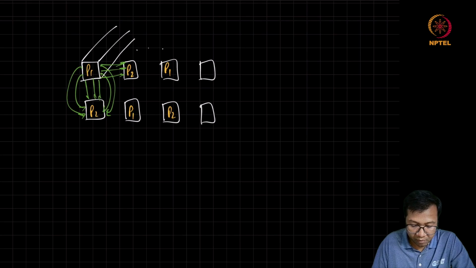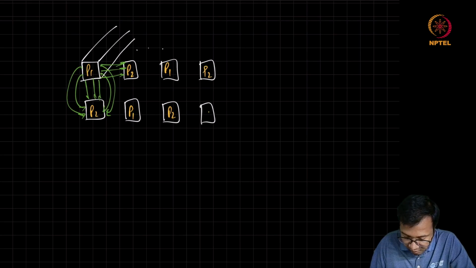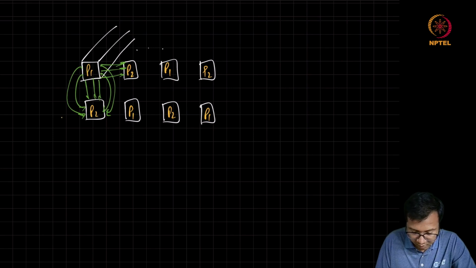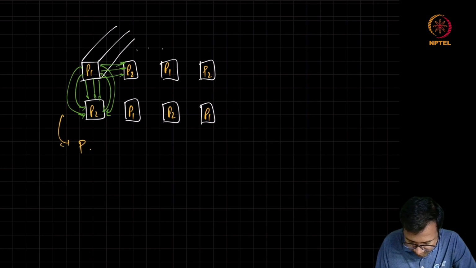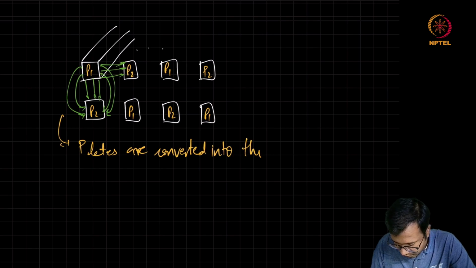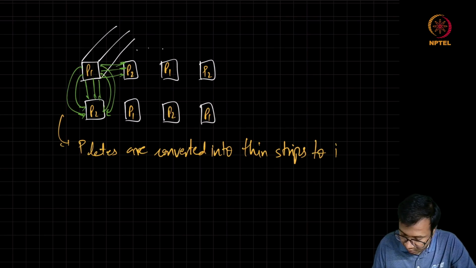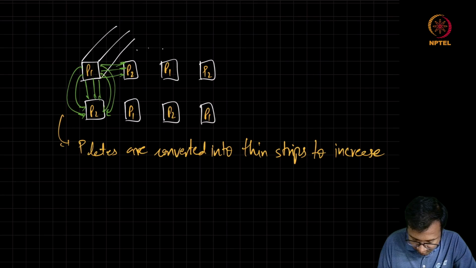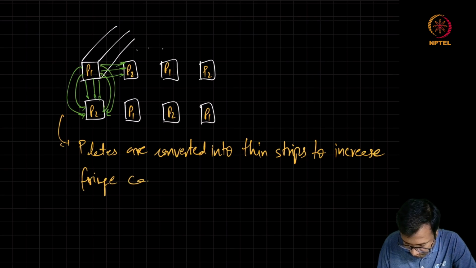So we will be alternating between P1 and P2 as you move in the same plane. So here, plates are converted into thin strips to increase fringe capacitance.